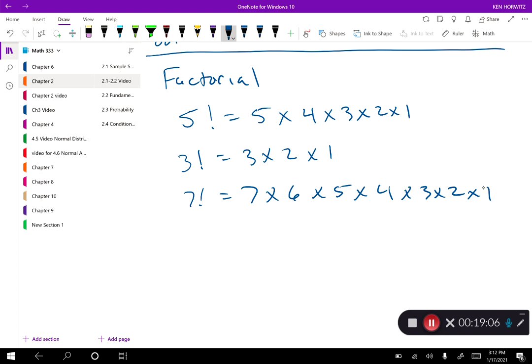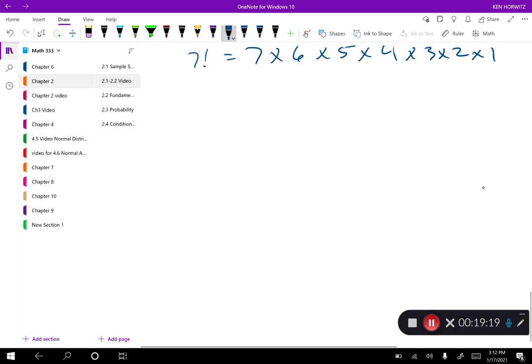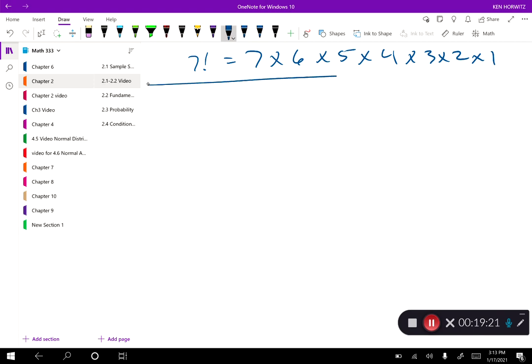All right. Now, the reason you need factorials here is because we're going to deal with the concepts called permutations and combinations. Let's define what those are.